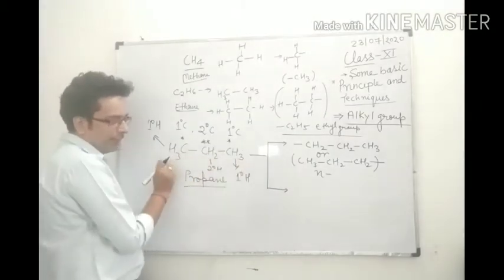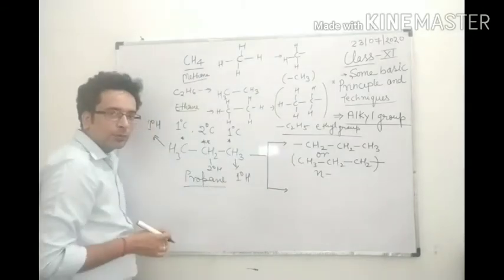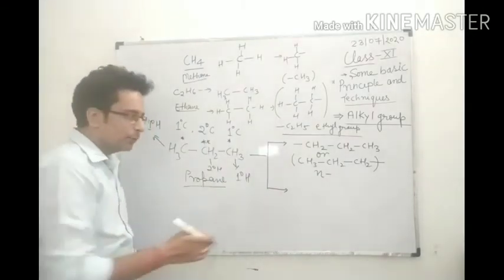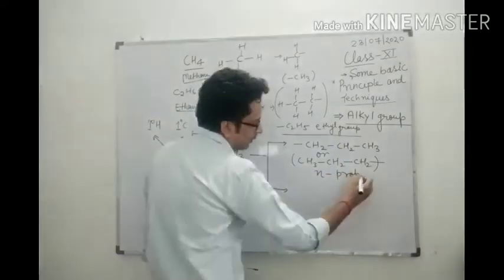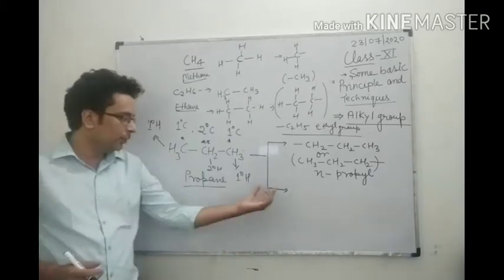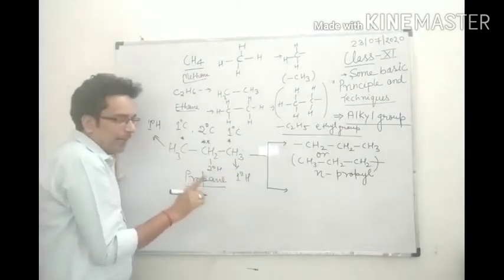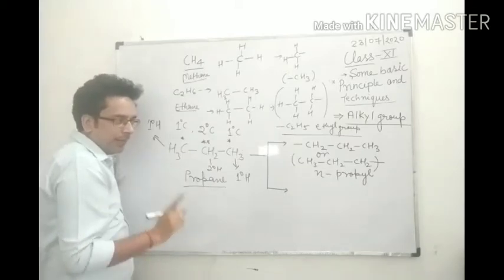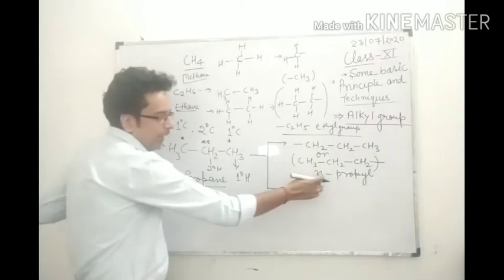We remove one hydrogen, so the group obtained is propyl. So it is normal propyl. The alkyl group obtained by the removal of primary hydrogen is known as normal propyl.